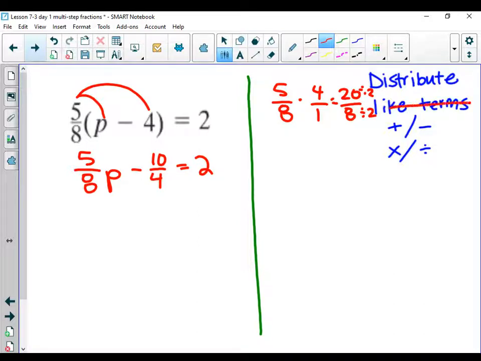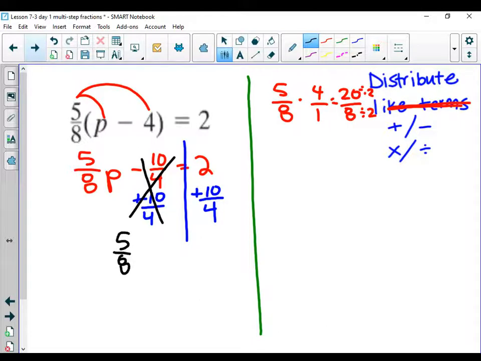No. Not this time. Add or subtract? Add on both sides. Two plus 10/4.